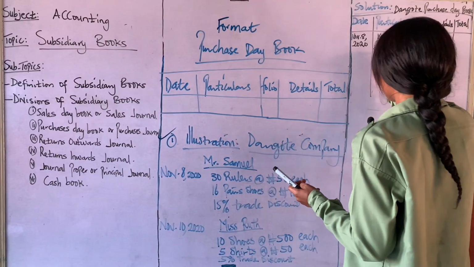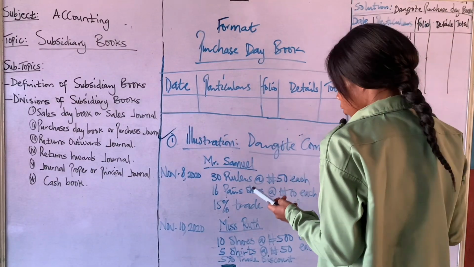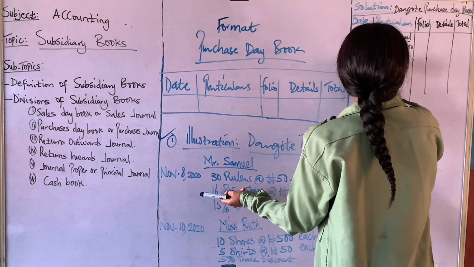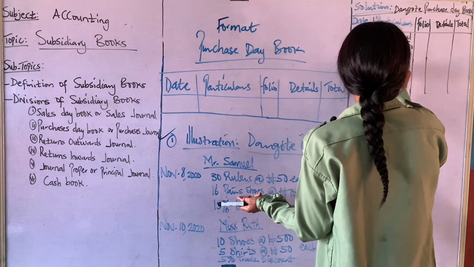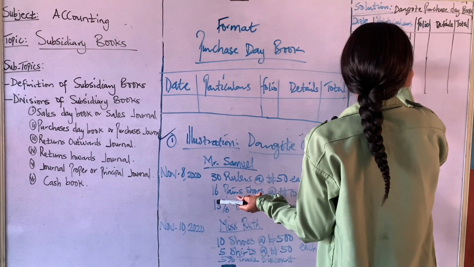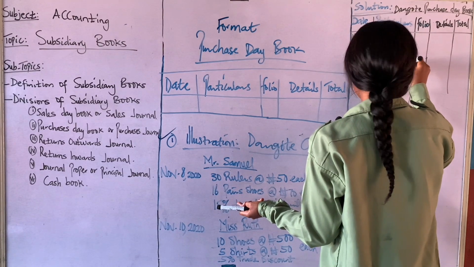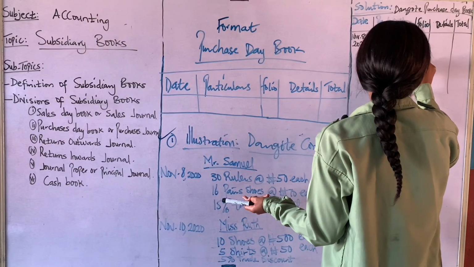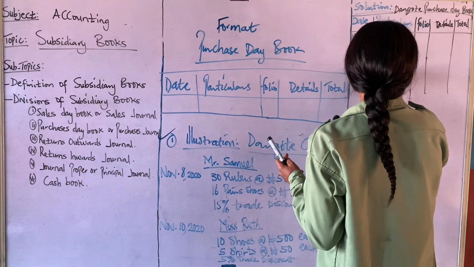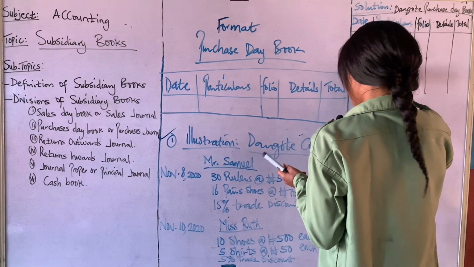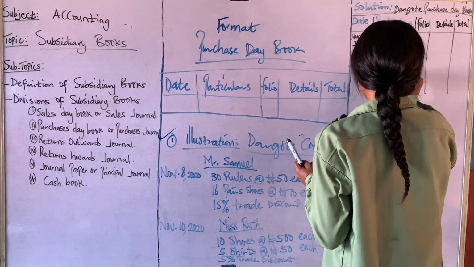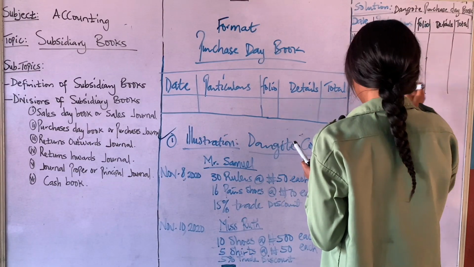Okay, 50 naira each. Then you also make 16. He purchased 16 pairs of shoes at the rate of 70 naira each.